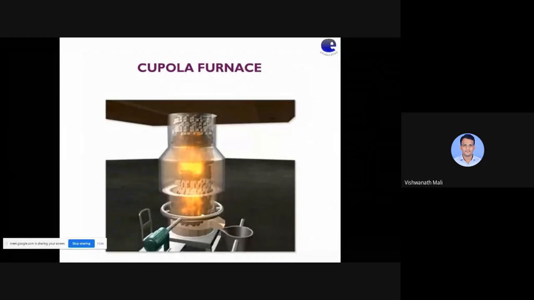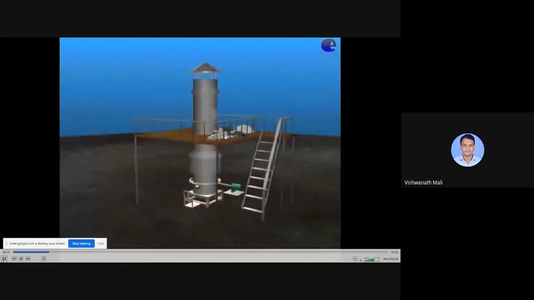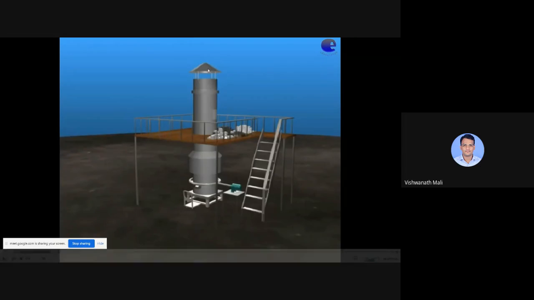Can you see this cupola furnace? Yes, sir. Okay. Now this is the cupola furnace. Okay, as I told you, the height is about 10 meter. Now here is the spark arrestor where we collect the harmful particles.